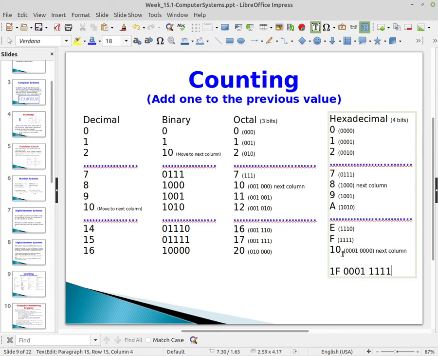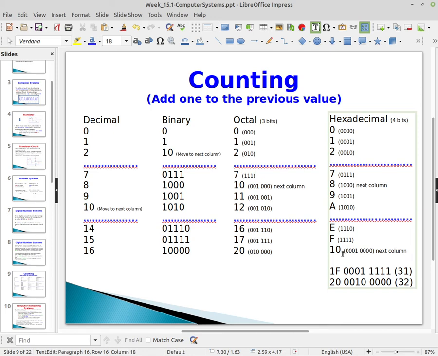And so then this would actually be 31 in decimal. And then we would go to 20, 10000, which would be 32 in decimal.